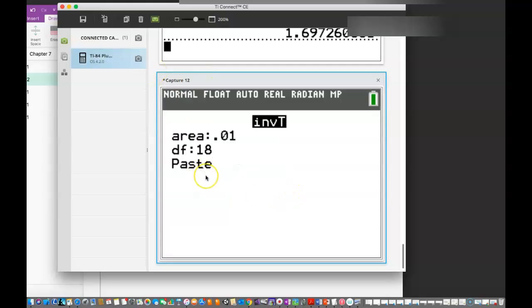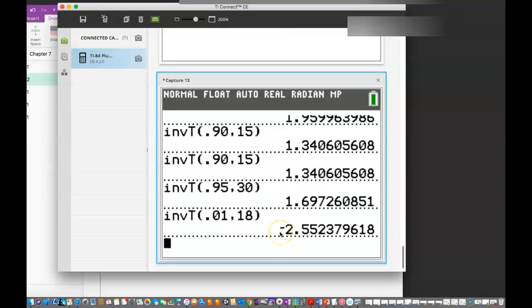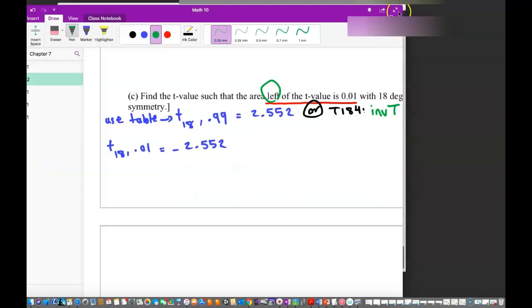Okay, so we have these. Then enter. See, what I have is the final answer is negative 2.552. So using the calculator on this part is easier. You don't need to use the table for this part. So let's go back.